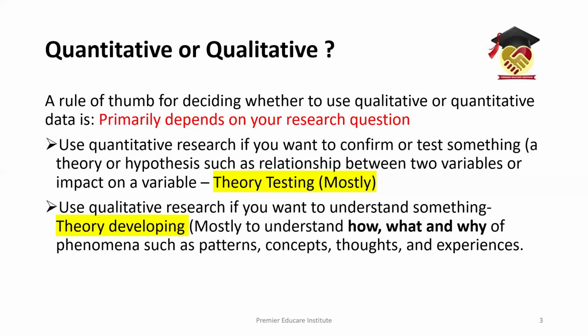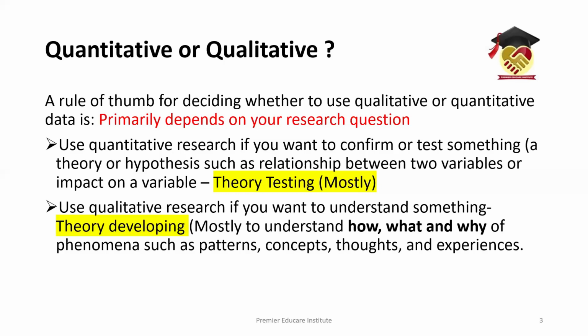You are analyzing other people's patterns, concepts, thoughts, experiences and developing new theories or new phenomena. That is what is called theory developing, which comes under the qualitative research, and will be explained later.